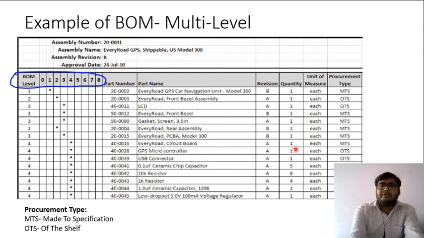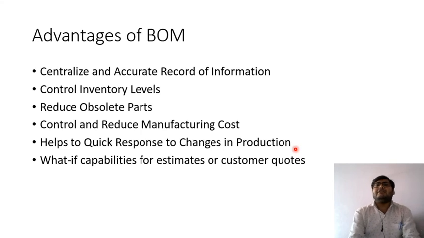So now, what are the advantages of bill of material? Bill of material, as we have discussed, provides a centralized and accurate record of information. Suppose you are manufacturing 100 products in a company, and you want to keep a record of which parts are there, which parts need to be ordered, and from which vendor each part is supplied.